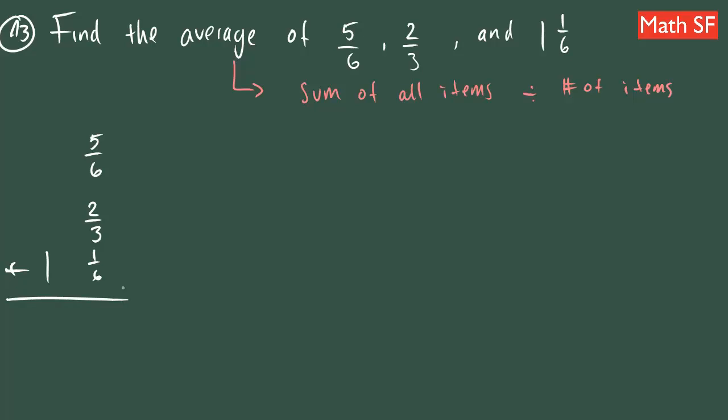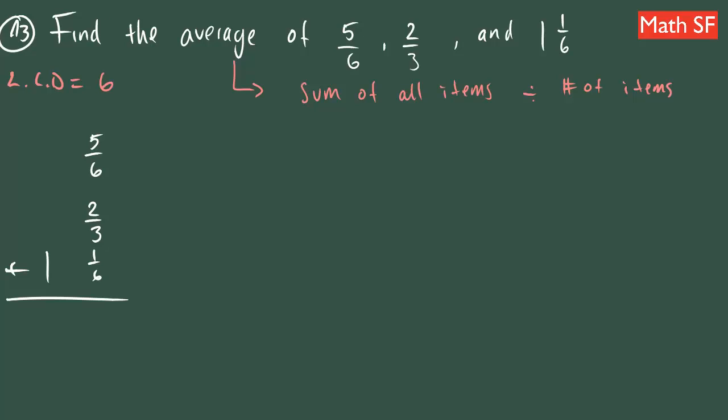Let's add them up. Now, if I'm going to find the sum of this part here, I have to make sure that they have the same denominator. 6, 3, and 6 do not have the same denominator. So you have to find the LCD between them. After you have done your steps, I'll leave this part of the LCD for you. Now, after you've done your LCD, you will find out that this LCD was actually 6.